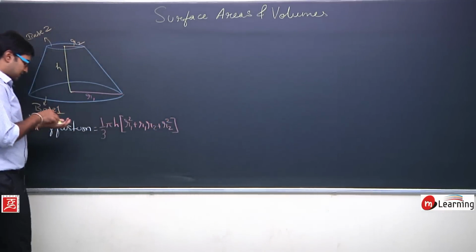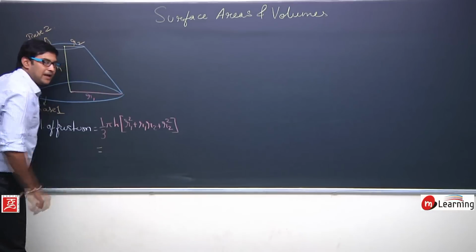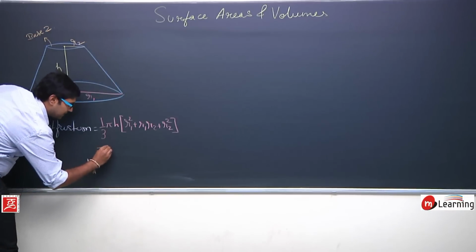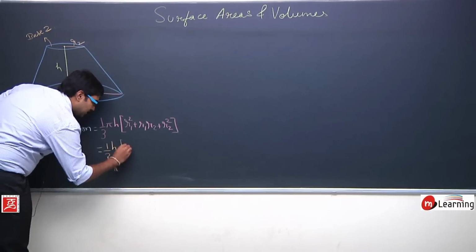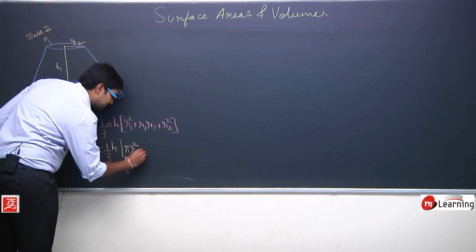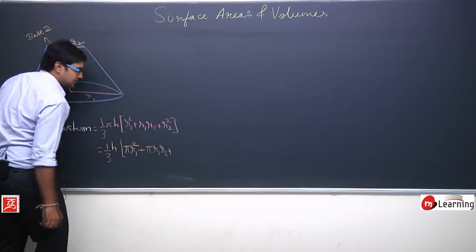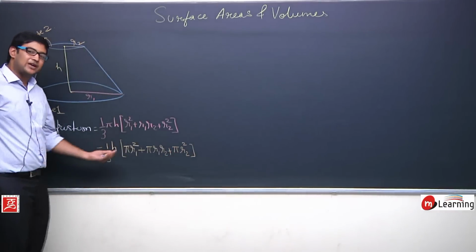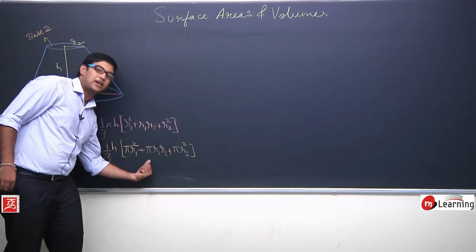We will simply multiply this pi inside the bracket, and what we will have is 1/3 h (pi r1 square plus pi r1 r2 plus pi r2 square). So this is what we are going to have. What I did is just multiply this pi inside the bracket.